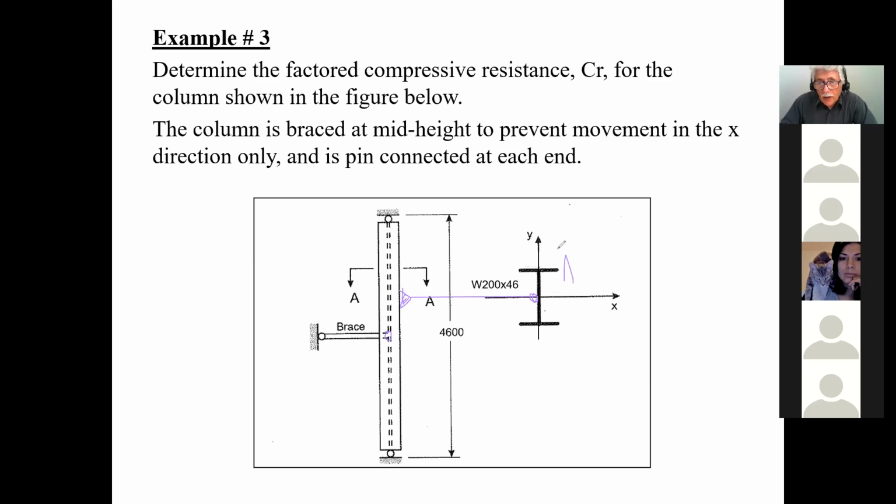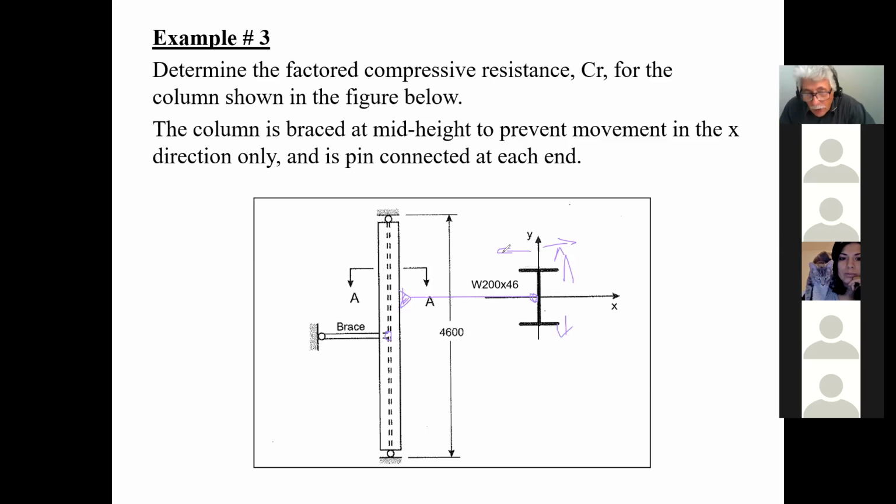Is it the x-axis that's going to be prevented from moving, or is it going to be the y-axis? Okay, but the y is already prevented from moving because it's pinned to a column, right?